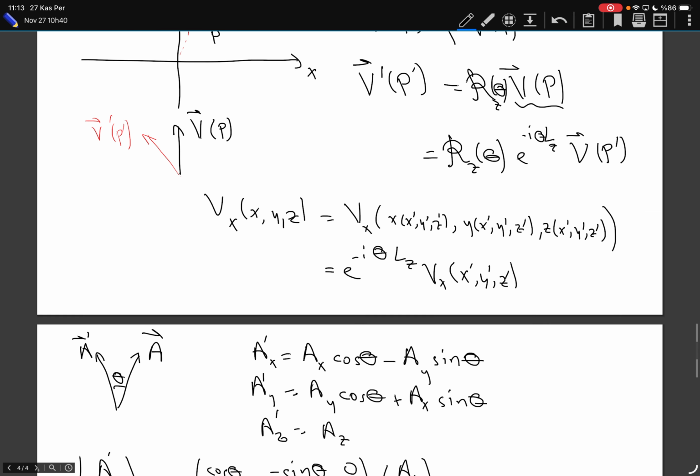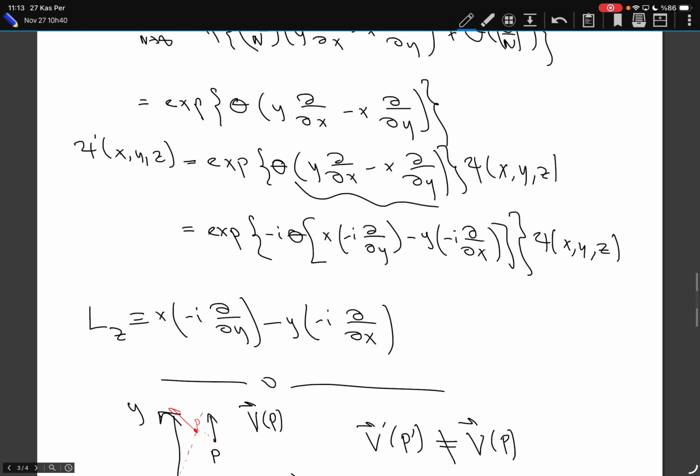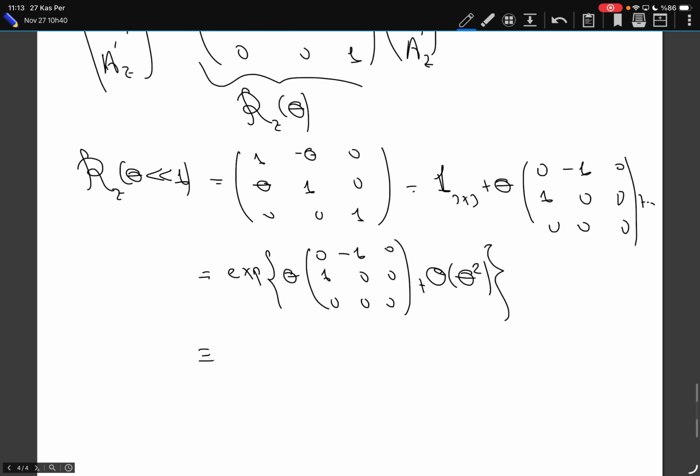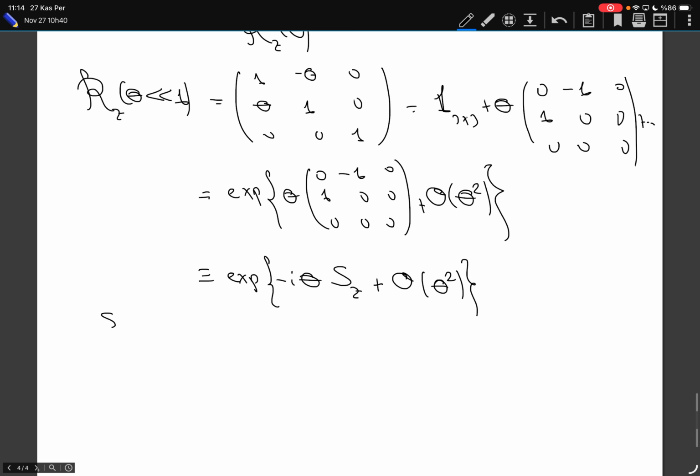Before, I defined minus i theta, so I can define this as the exponent of minus i theta times Sz, plus corrections of the order of theta squared.